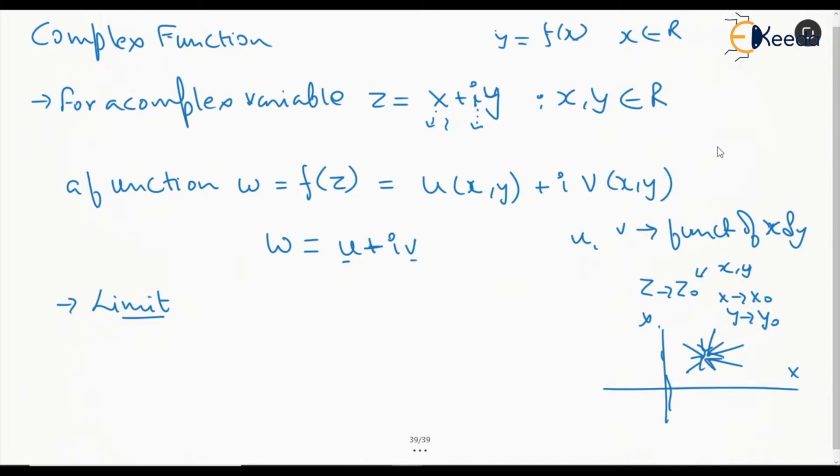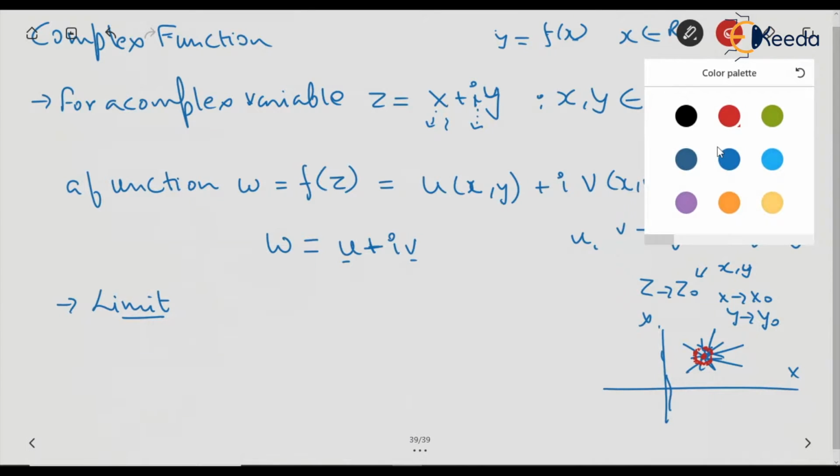So how do you say that you have approached this point z naught? You can say this by the radial distance from the point z naught. So if you are within a certain small radial distance of z naught, you are approaching z naught from the z plane, right?